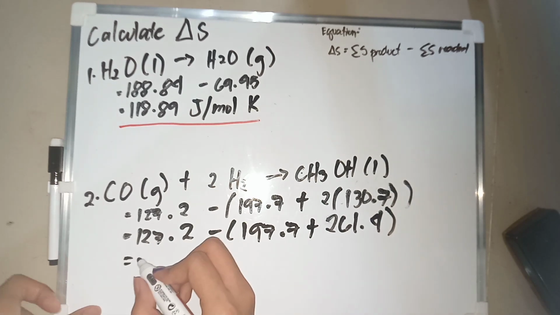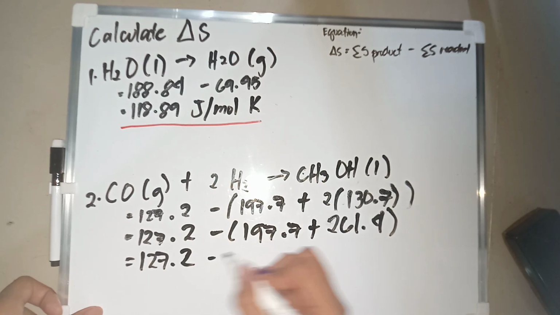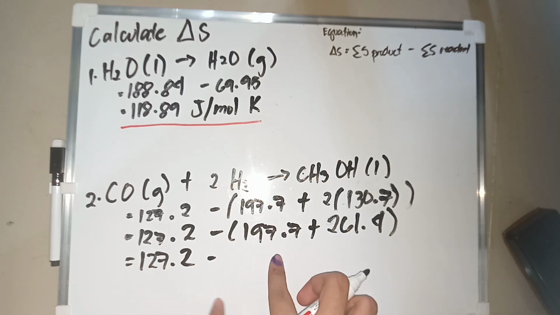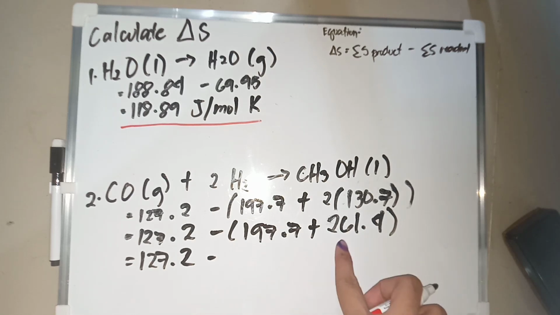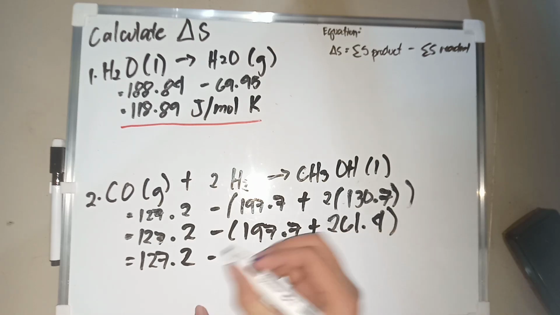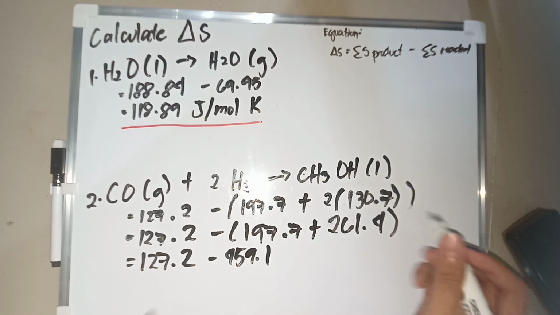Parentheses, in close parentheses first. So copy: 197.7 plus 261.4, we would get 459.1.